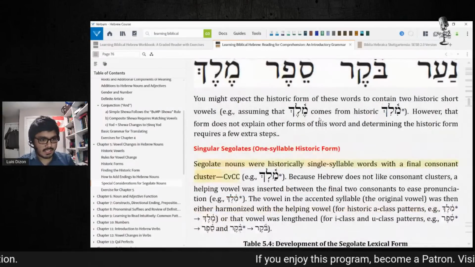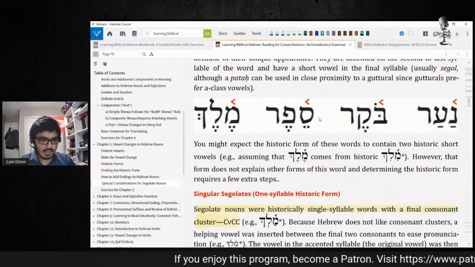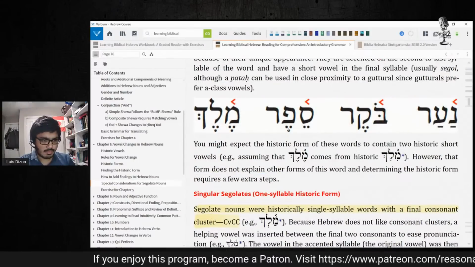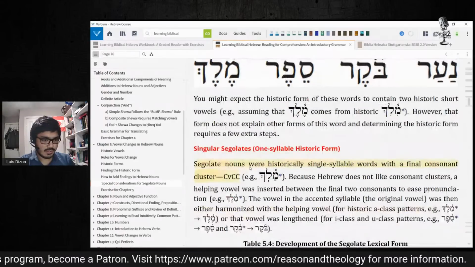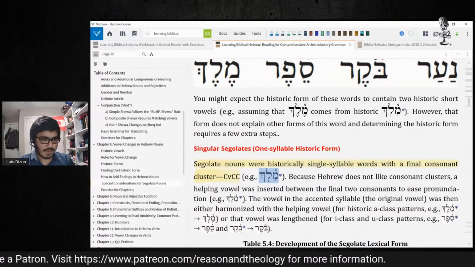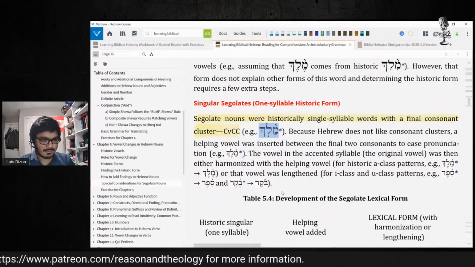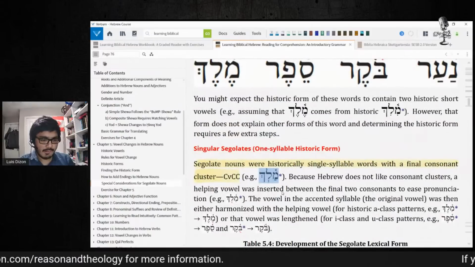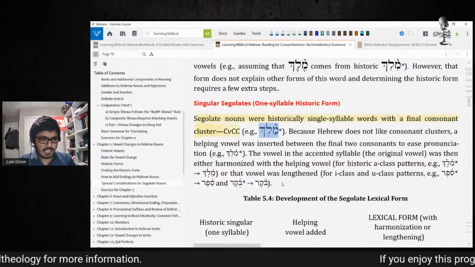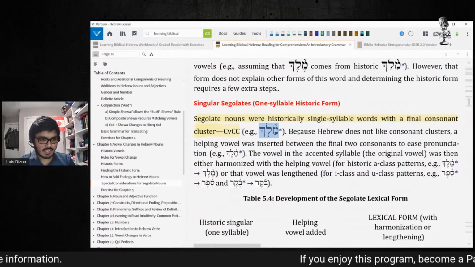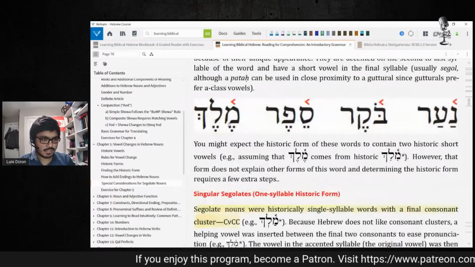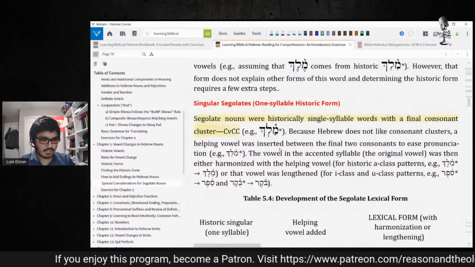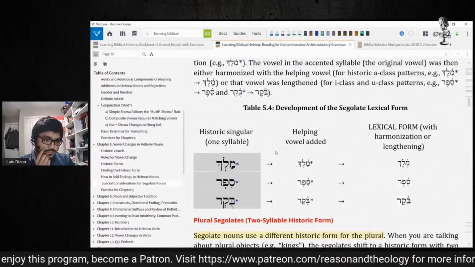So here's the interesting thing about segolate nouns: in their historic forms, this would have been a shva. So the historic form of melech, or king, is malk. And because Hebrew doesn't like consonant clusters, the shva here turns into a segol, so this becomes malek.